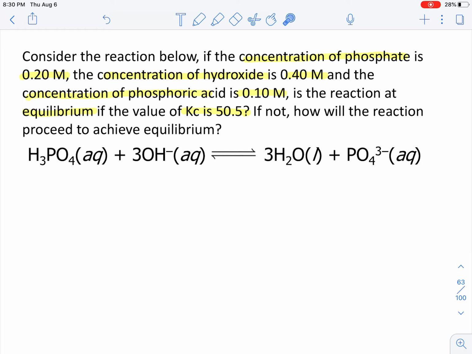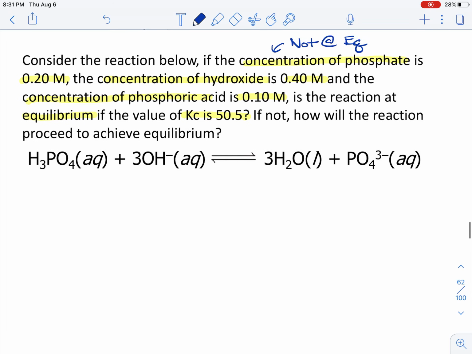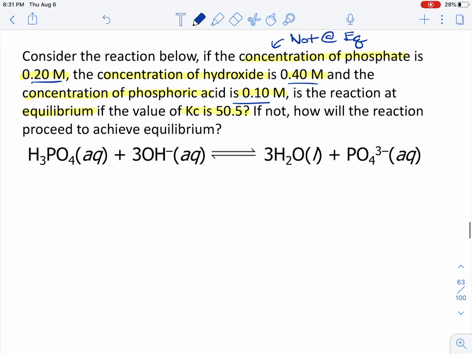And the answer is no. And so, since they are not equilibrium concentrations, then these concentrations can be used to calculate Q. And so let's go ahead and calculate Q first.